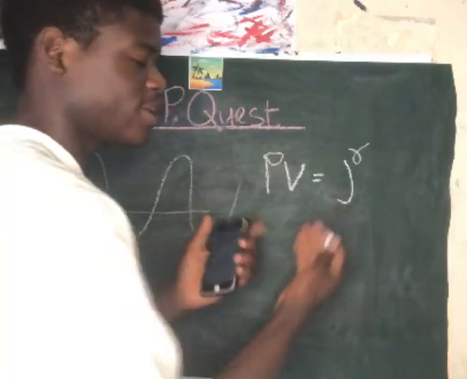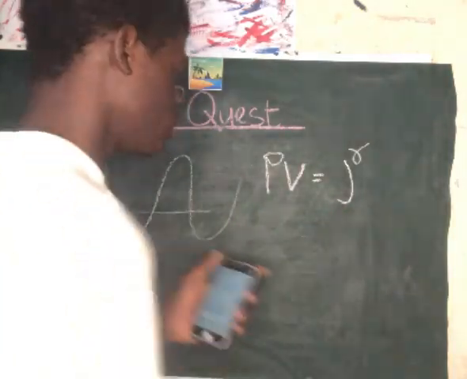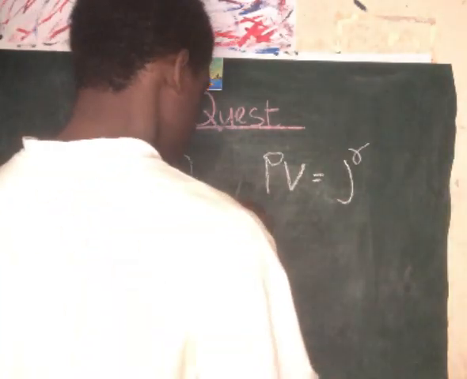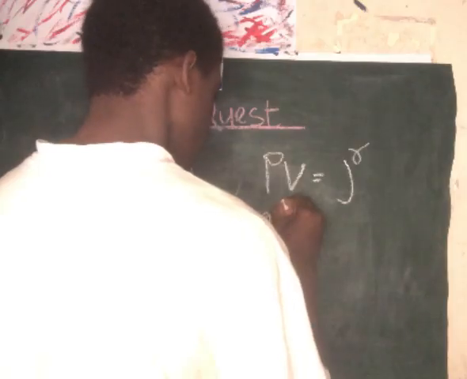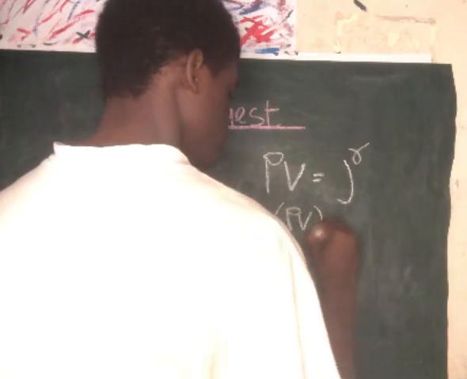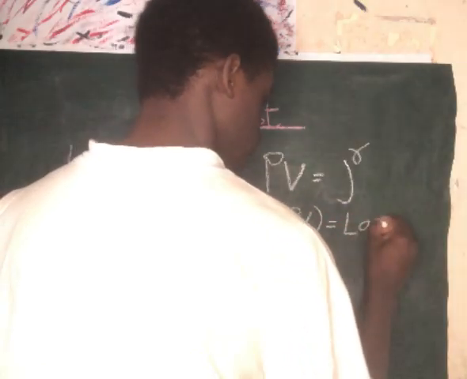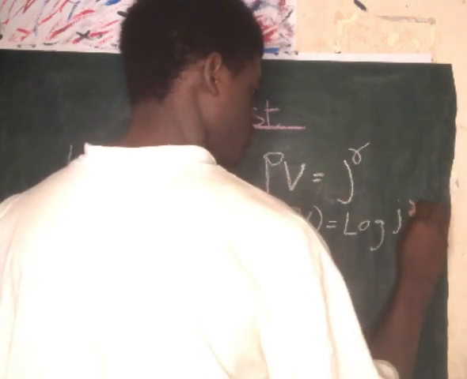We have to simplify this, and we'll simplify it using logarithm. So we'll log both sides. That will be log PV is equal to log J raised to power gamma.